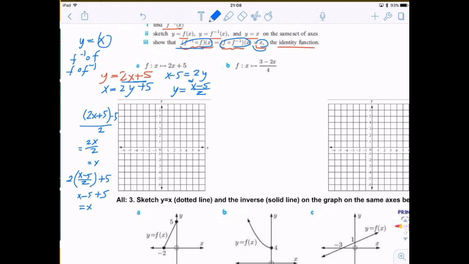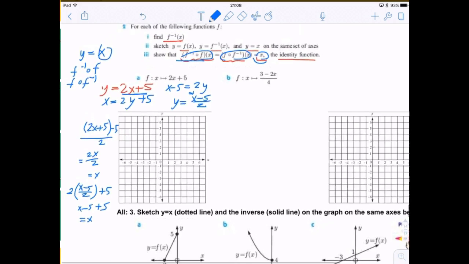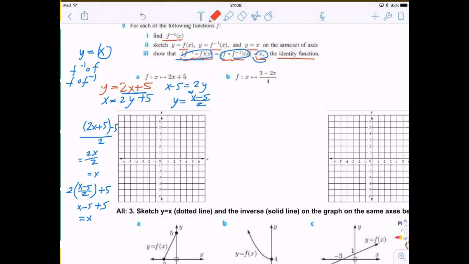Okay. Last thing is we're going to graph the original function, and we're going to graph the inverse function. So the original function we're going to graph in red. It's 2x plus 5. 2x plus 5 means the y-intercept is 5 and the slope is 2. So that is the original function.